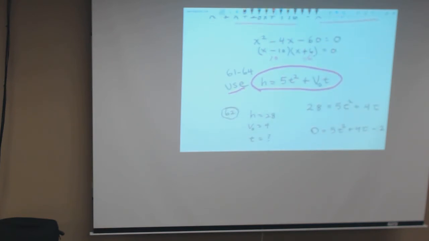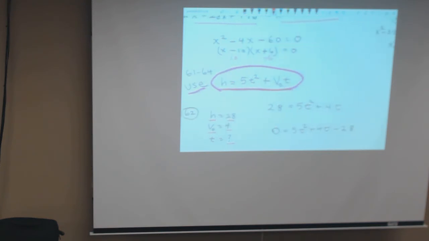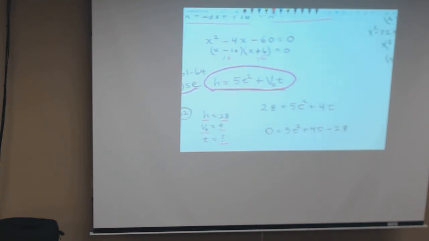Number 61 to 64. It says use this formula right here. They're just giving you a formula and saying plug in the numbers. And 62 says h is 28, v sub o is 4, and we don't know what t is. So we come over here and go h, remember this is h, equals 5t squared plus v sub o times t.